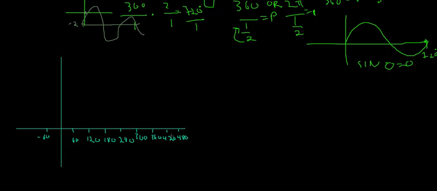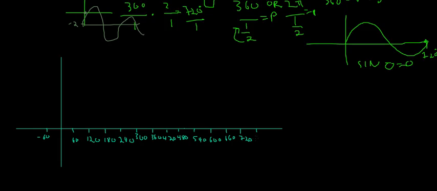Let's extend the graph a bit. 480, what's next? 480 plus 60 as well: 540, 600, 660, 720.